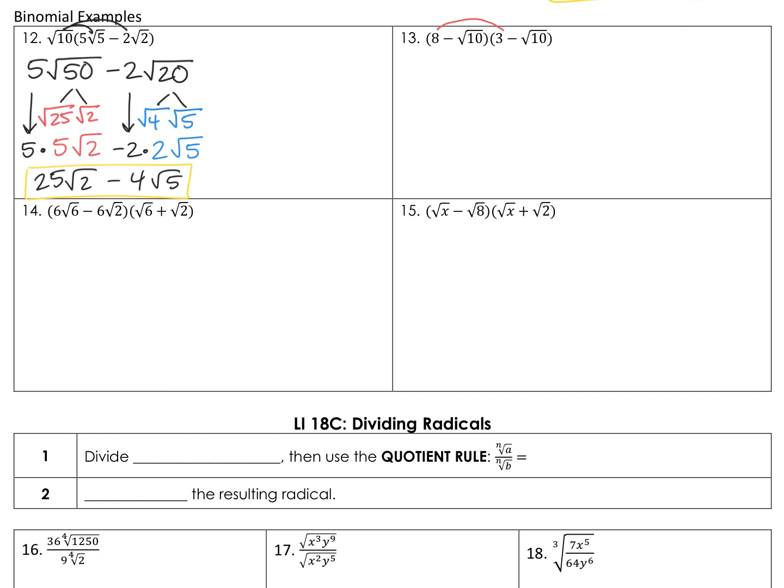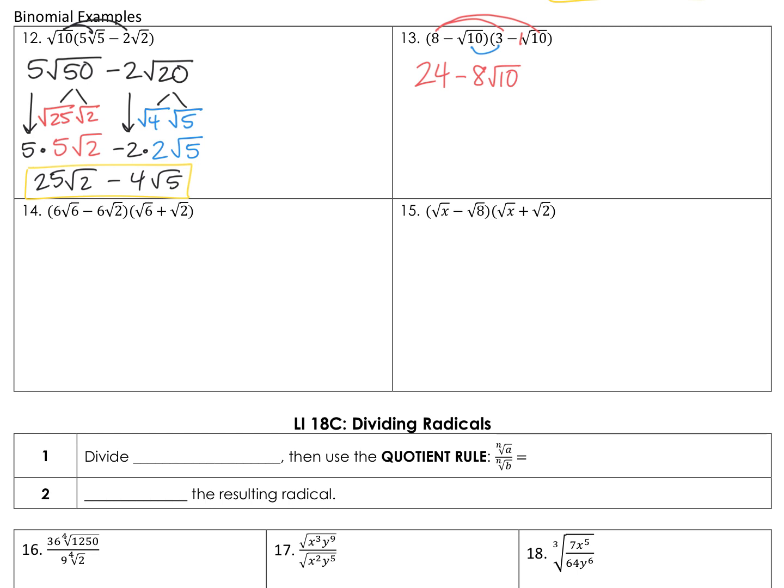So 8 times 3 is 24. Now you're going to do 8 times, okay, there's a negative out in front. That means it's a negative 1, just to clarify. So 8 times negative 1 root 10 is negative 8 root 10. Now we need to do the same thing where we're distributing the negative root 10.